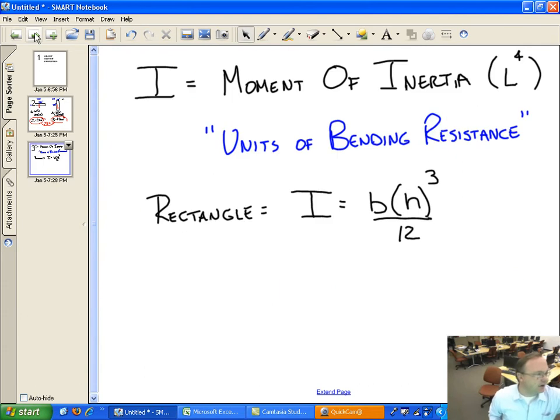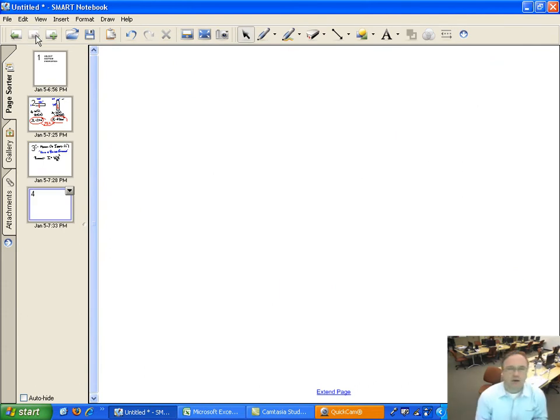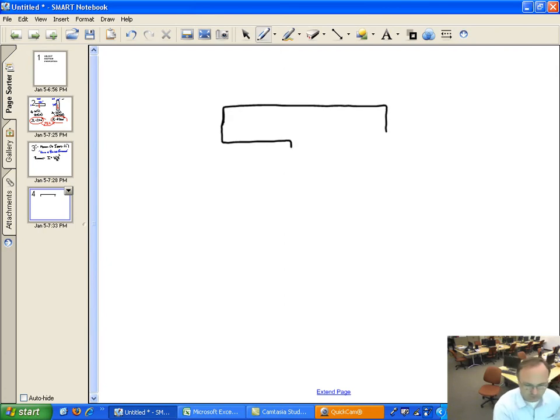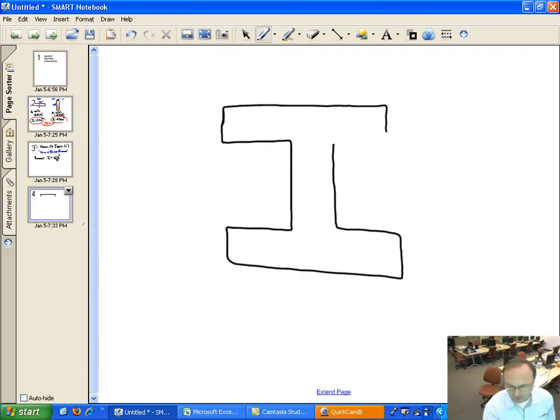But we talked about how cross-sections aren't necessarily just beams. Let's do an I-beam. Let's take a look at this. I'm just going to make a big bulky one here. And let's give it some properties.